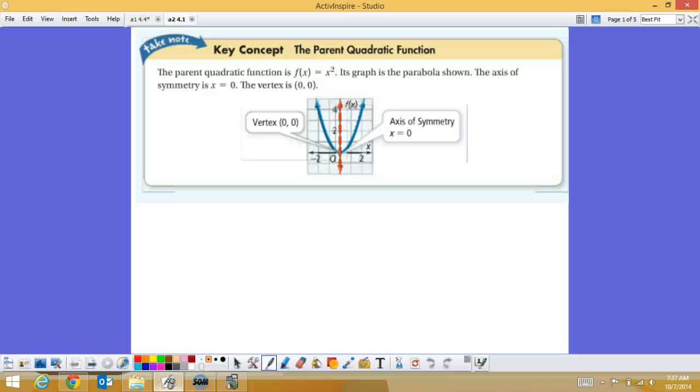Vertex is at the point 0, 0, and it's more of a curved shape than a V. We call it a parabola. And a lot of the same rules that applied to absolute value functions apply to these as well.